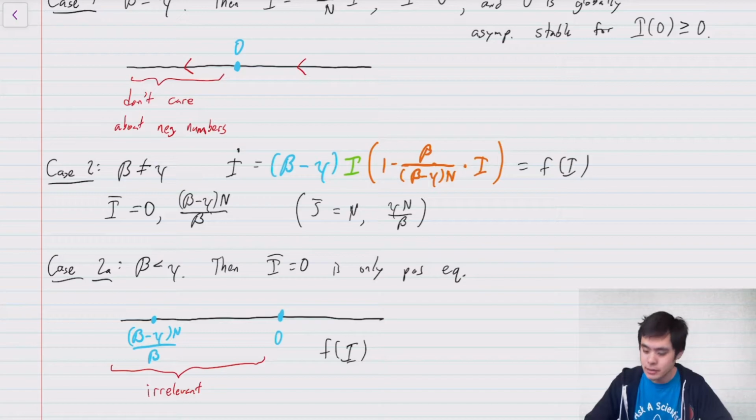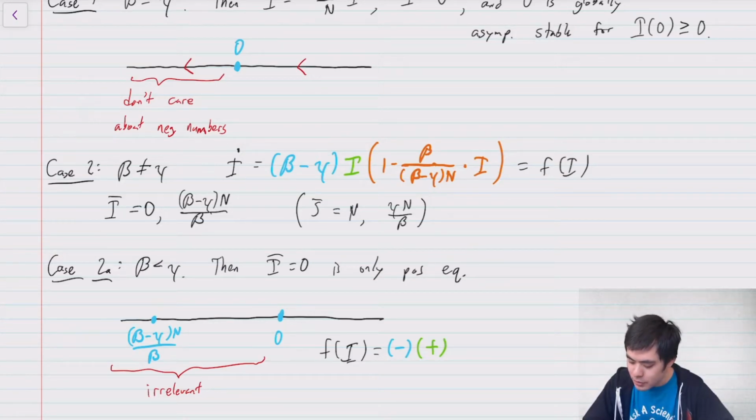F of I is equal to, well, beta minus gamma is negative because beta is less than gamma, times, well, I is positive.